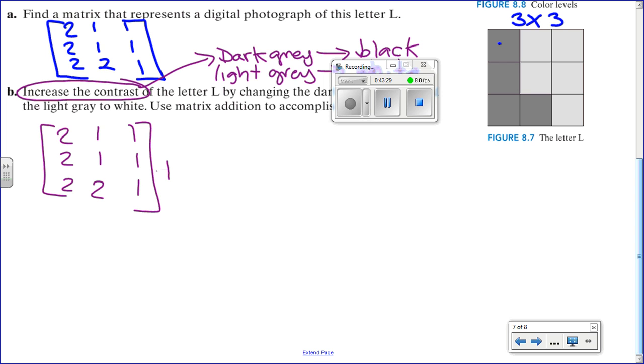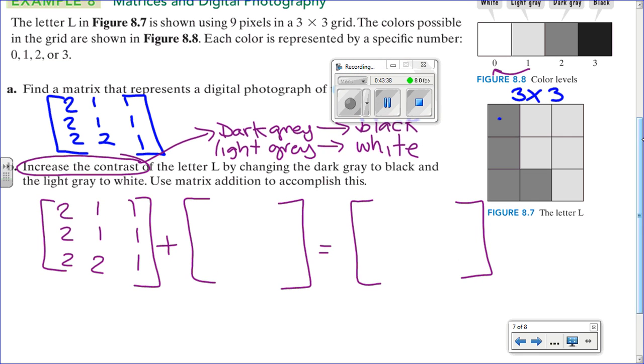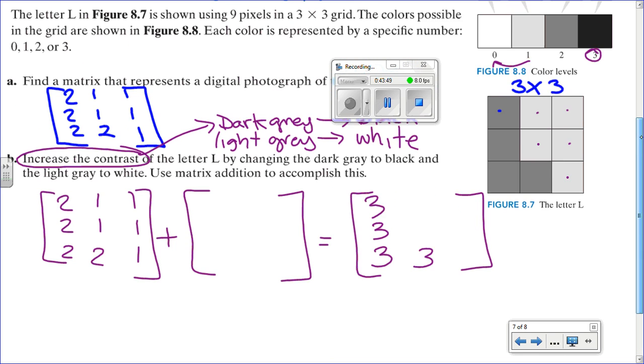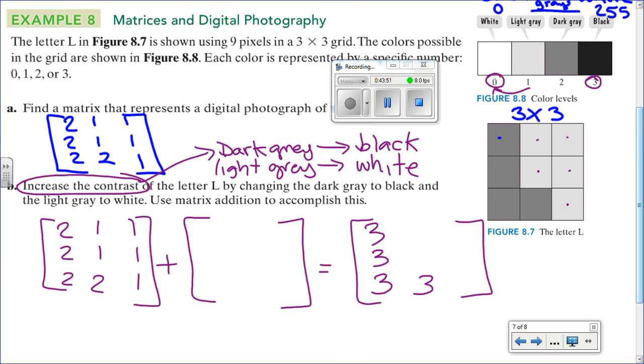And so we need to find something here that will give us the following. We want the L to be black, and the color black is represented by number 3. And then we want the light gray to look white, and white is represented by 0.